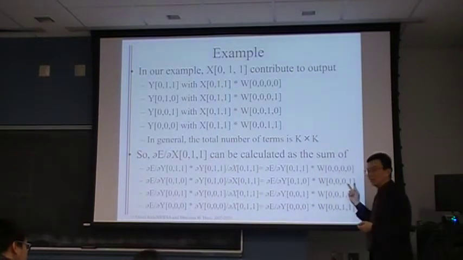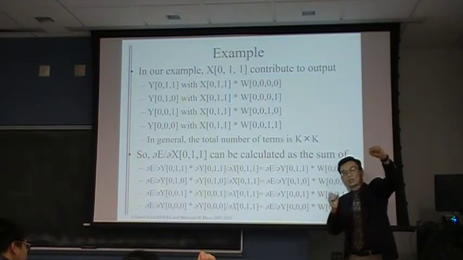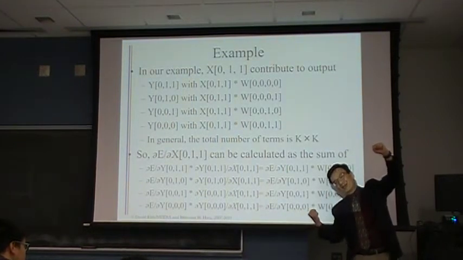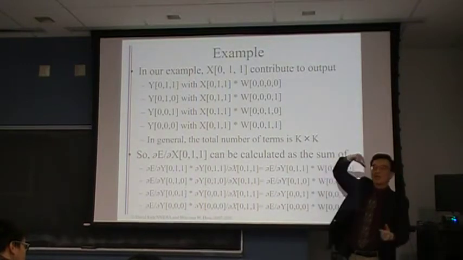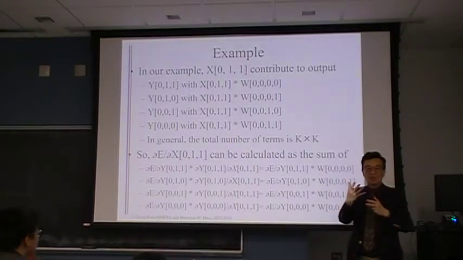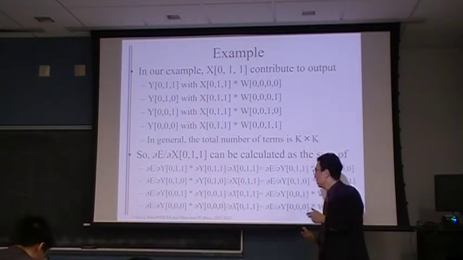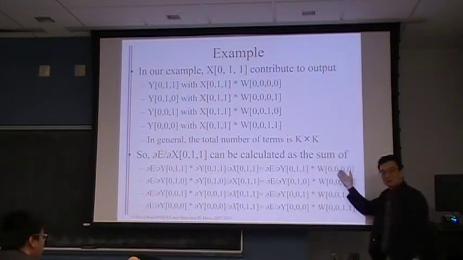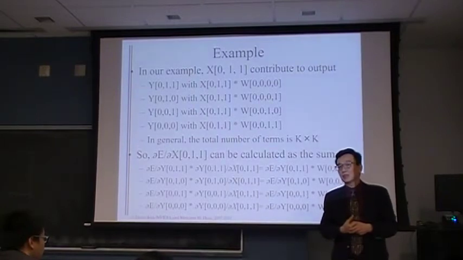So the upper left corner is going to be adding to the lower right corner. The multiplication is going to happen between a kind of mirror image of the matrix. So it's a transpose. If you transpose the W matrix, then it becomes a real convolution. Does that make sense?